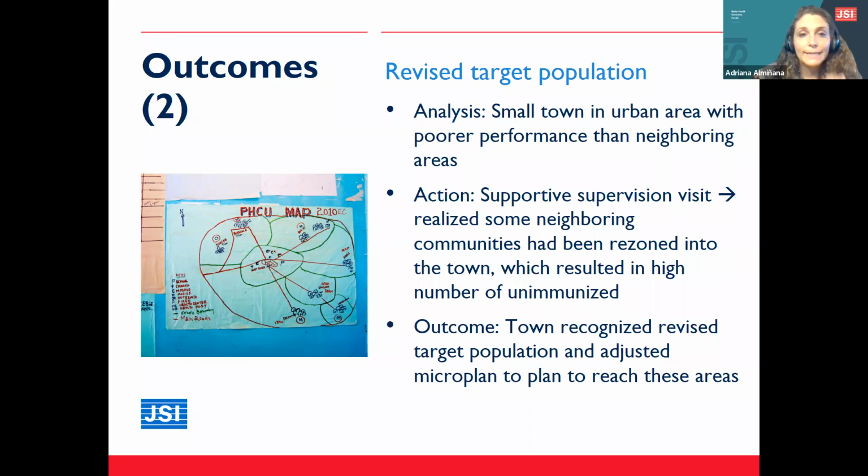This had meant that there were now much higher numbers of immunized children or under-immunized children. As a result, the town immediately recognized the need to revise its target population to adjust for that change, as well as adjusting the microplan to be able to reach these additional areas that they were now responsible for.